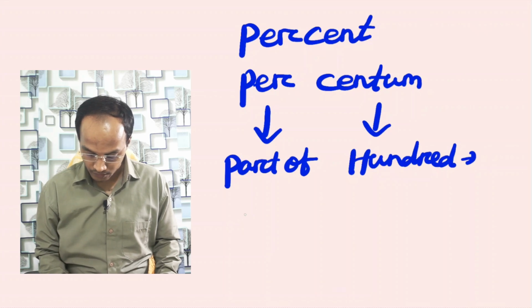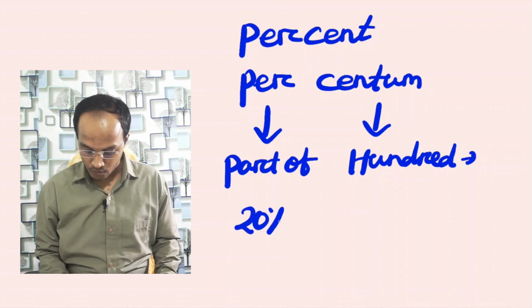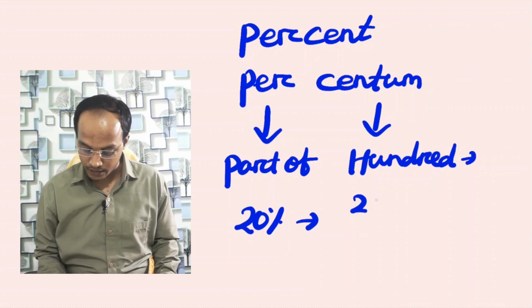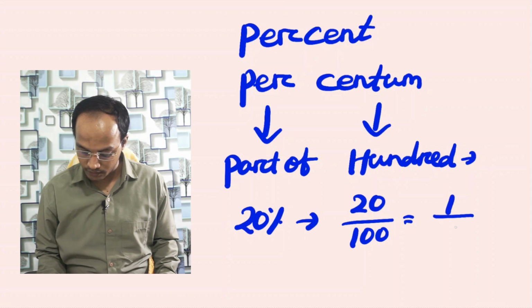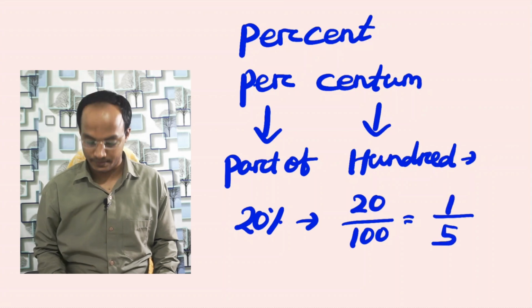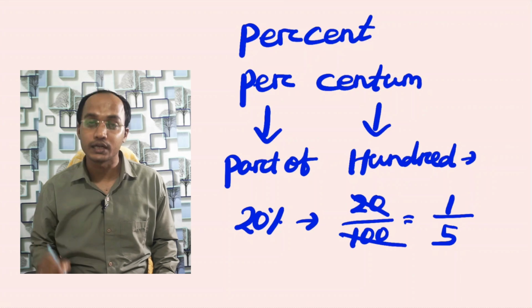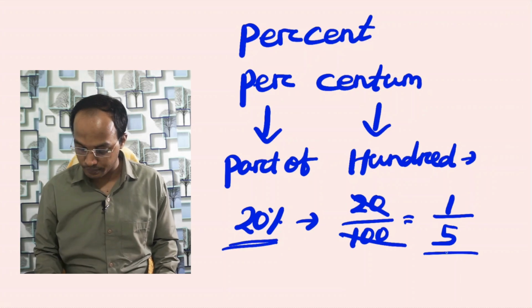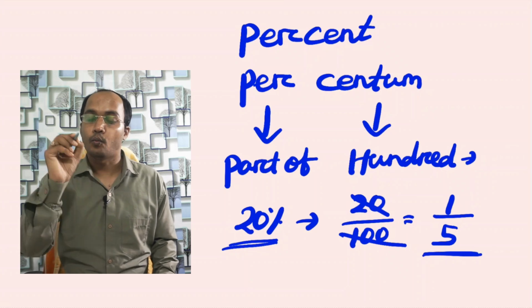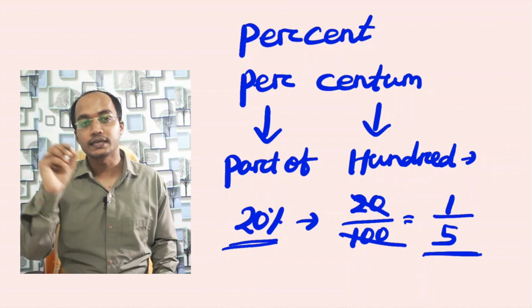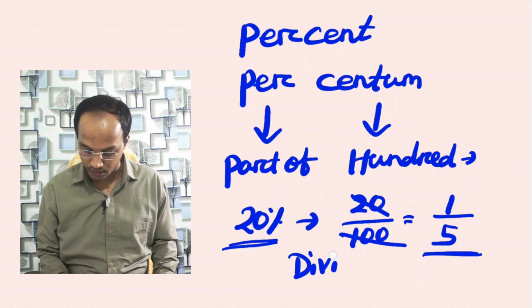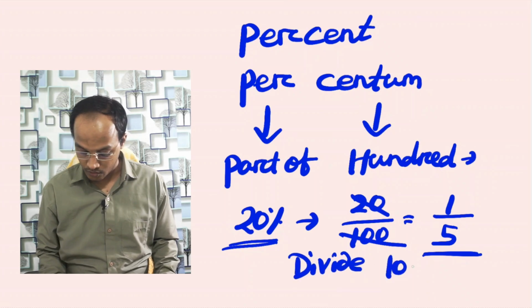If we find 20%, what is the meaning of 20%? 20 divided by 100. If we simplify this, it will be 1 by 5. So it is percent, it is fraction. When we convert percentage into fraction, we have to divide by 100. Remember this.